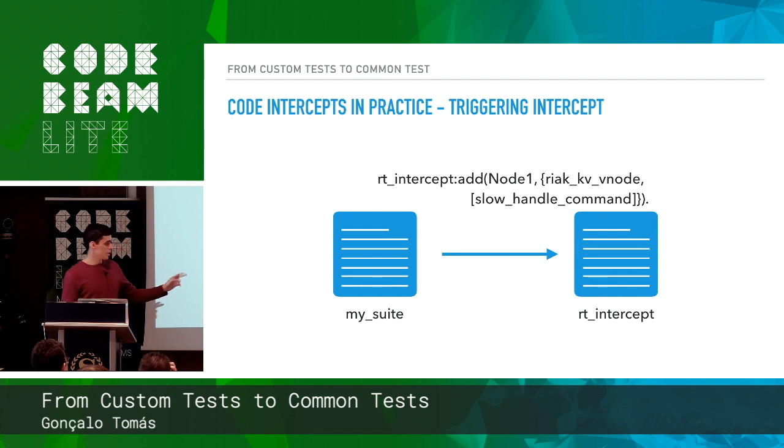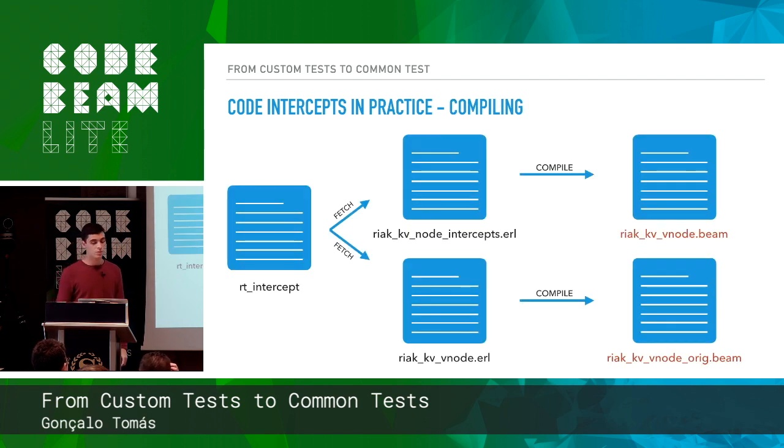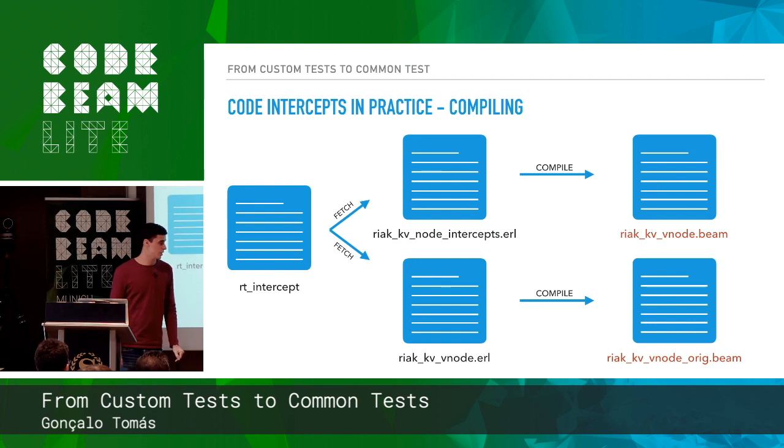So a call is made to RT-intercept, and RT-intercept is going to fetch two modules: the original code module and the intercepts module. It's going to compile the intercepts module as the original module, so that it's substituted for the original one. And the original one is compiled with the orig suffix over there.